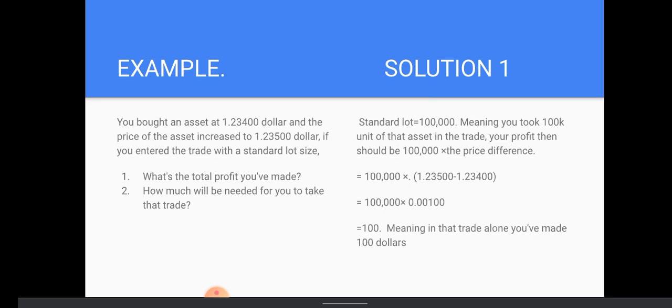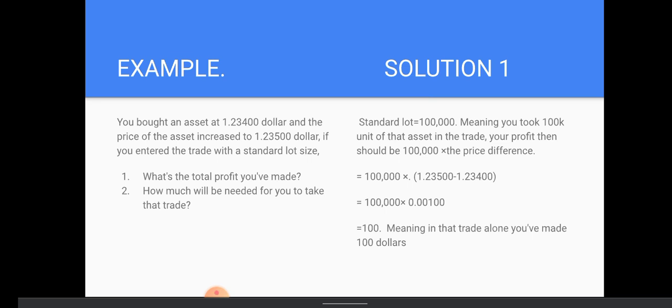Standard lot equals 100,000, meaning you took 100,000 units of that asset in the trade. Your profit then should be multiplied by 100,000. So the price difference will be multiplied by 100,000. That's your profit.